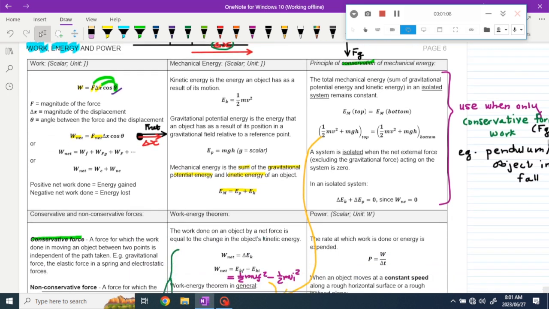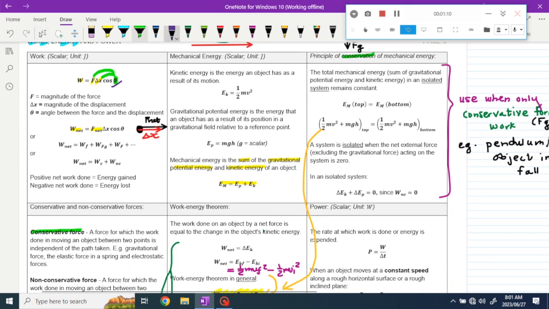Okay, when we were done with that, I explained to you there are many ways in which you can calculate net work. You can calculate net work by saying the net force multiplied by the displacement multiplied by cos of the angle between the net force and the displacement.